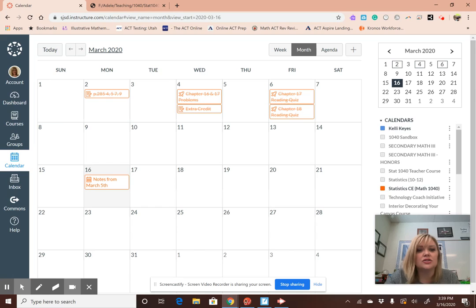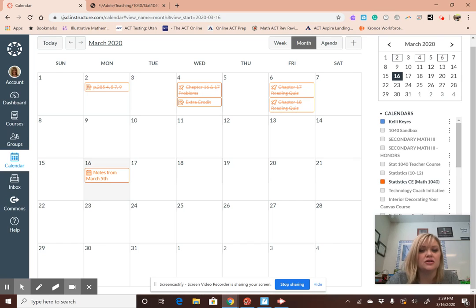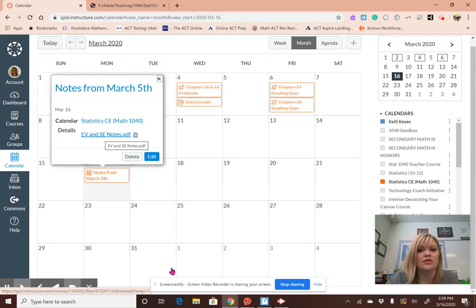So the first thing I just want to mention is the notes that we took the last week of the quarter on expected value and standard error. I put them in Canvas on the calendar page. So if you click on this event right here, then you have those notes right there as a PDF.